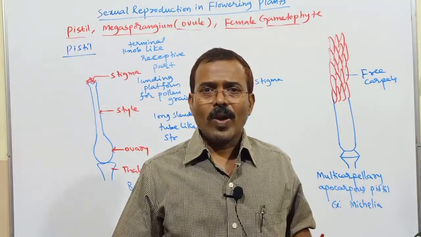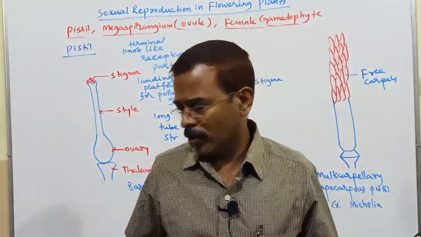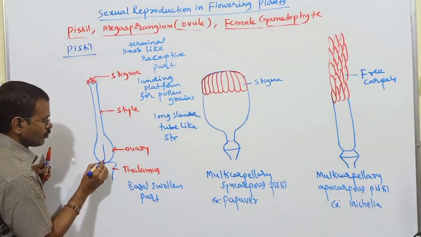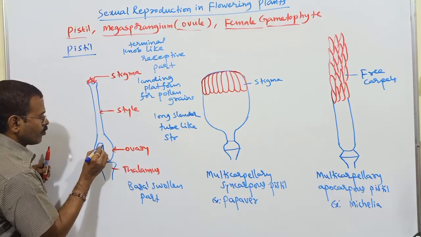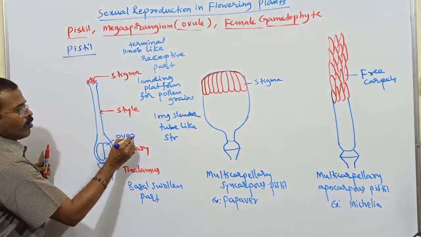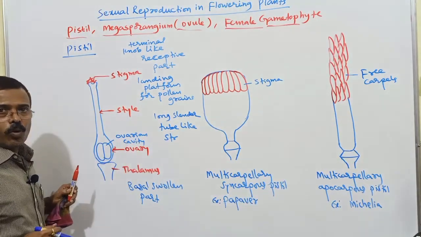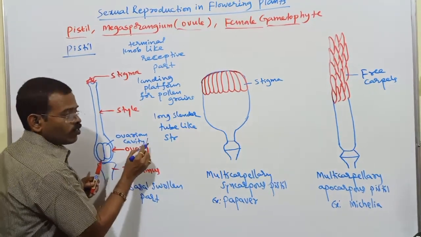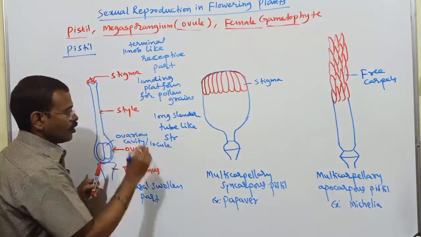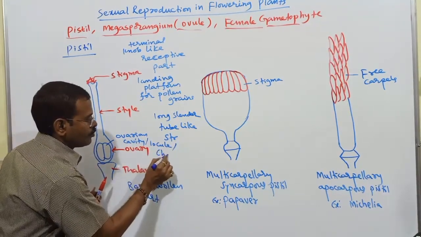Inside the ovary, we have a chamber, a locule, the ovarian cavity, as we call it. This is the ovarian cavity. It is also known as locule, also known as chamber.